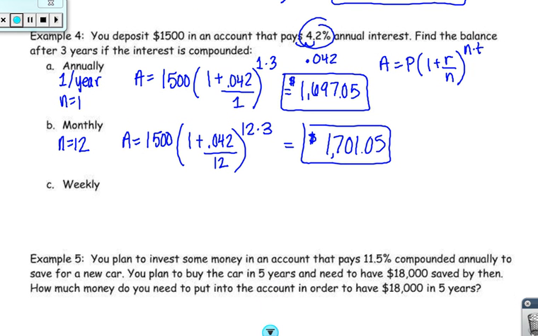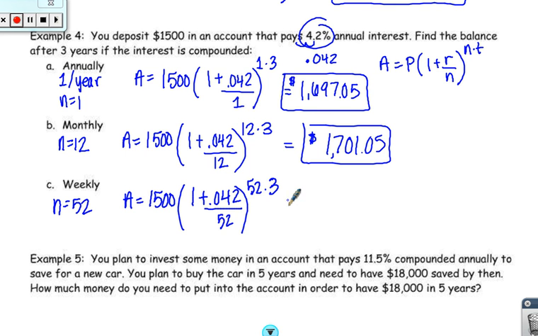What happens if I get my 4.2% at the end of every week? Well, there's 52 weeks in a year. I have $1,500. I'm getting 4.2% over 52 weeks times 3 years.